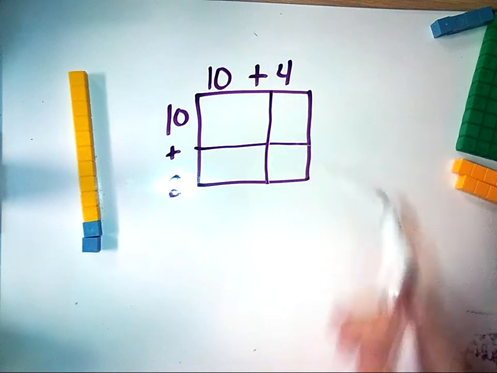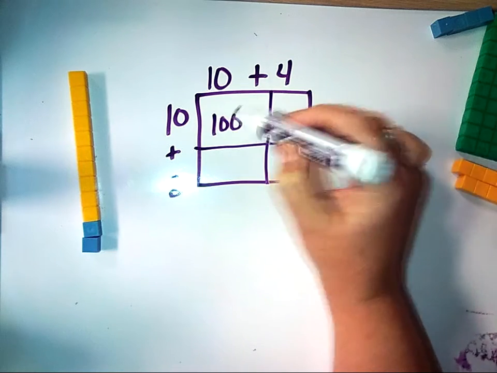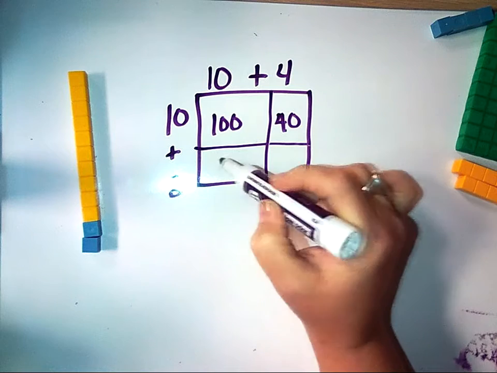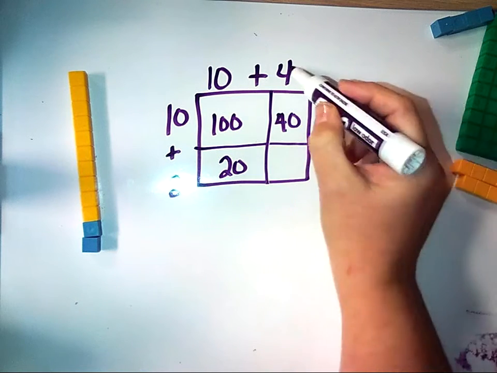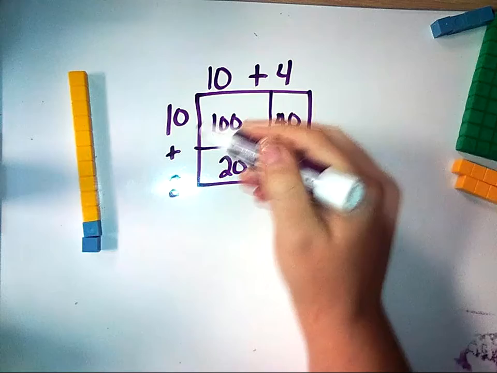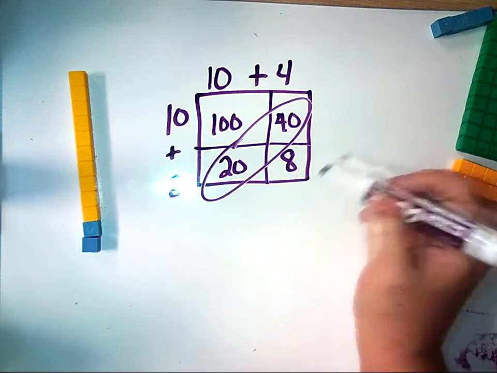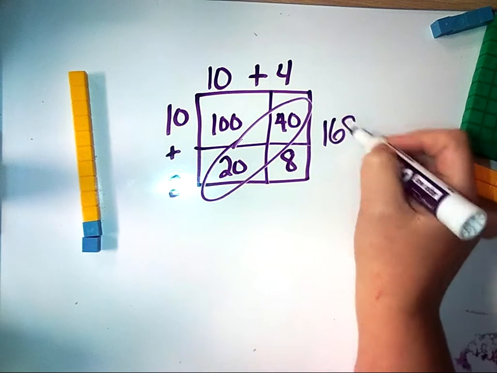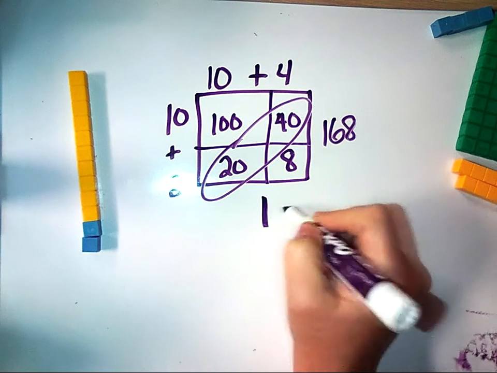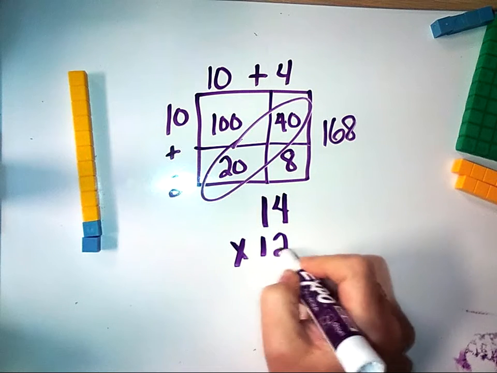We draw our lines, and then we multiply it. 10 times 10 is 100. 4 times 10 is 40. 10 times 2 is 20. 4 times 2 is 8. And then we add those up. That's 168.